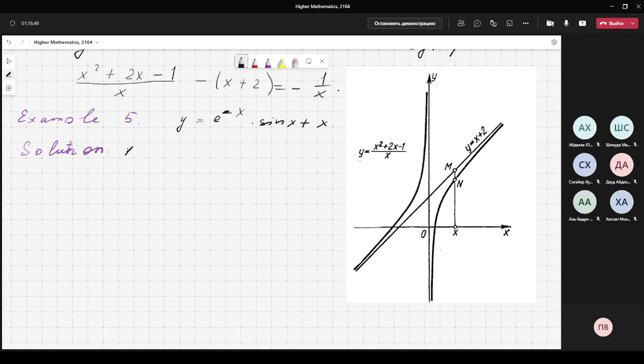The first, it is obvious that there are no vertical asymptotes.